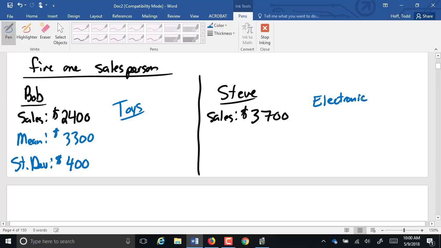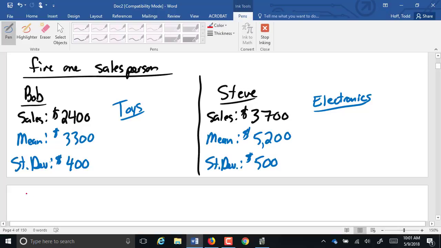Well, most electronics are more expensive than toys, so it makes sense that he would have more sales. Let's say for all the salespeople in electronics, the mean sales was $5,200. And the standard deviation was $500.